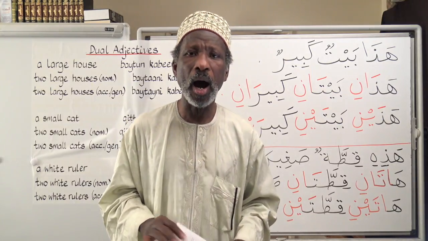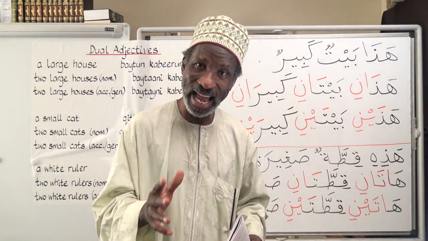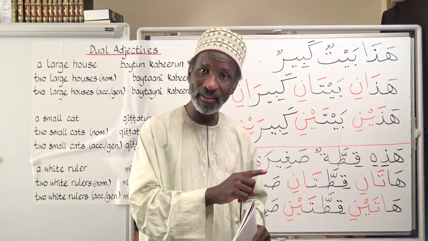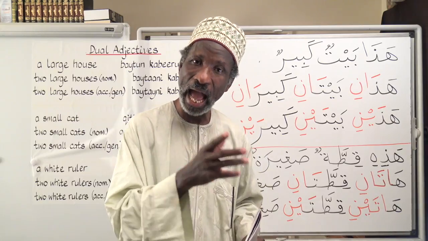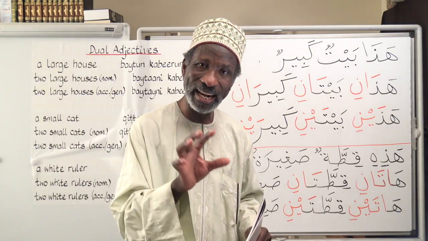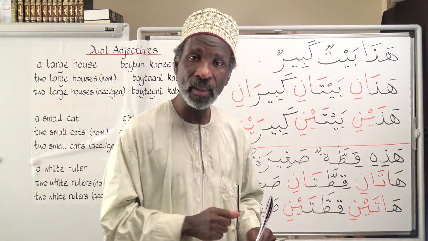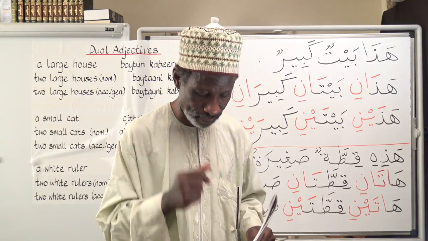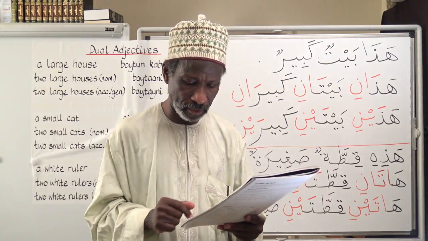A red car. Car is سيارة. سيارة حمراء. Use feminine. From أحمر becomes حمراء. سيارة حمراء. سيارتان حمراوان. سيارتين حمراوين. There is more explanation coming about that particular adjective.